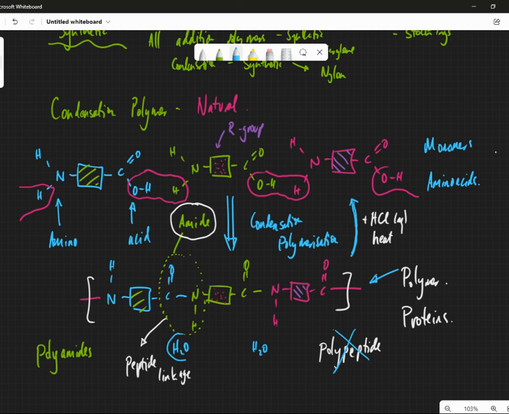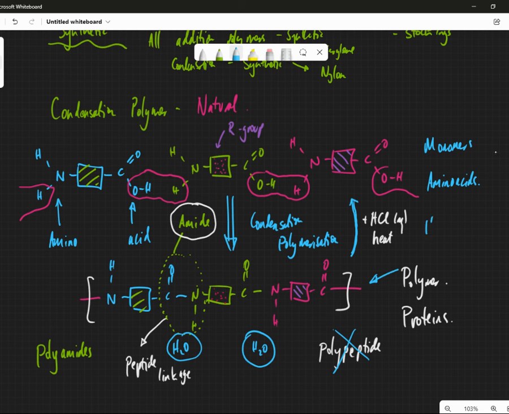Water came out. Does that make sense? When we did the condensation polymerization, water came out. So going the other way, water must go back in. Yes? Well, not quite hydration, dear. It's quite close. So water goes back in, and it splits up the molecule.